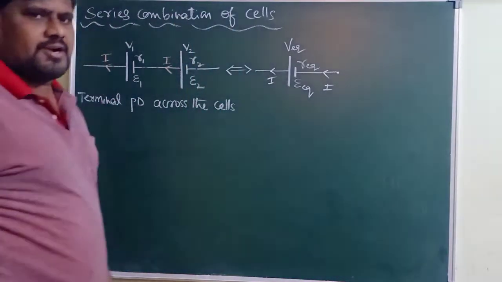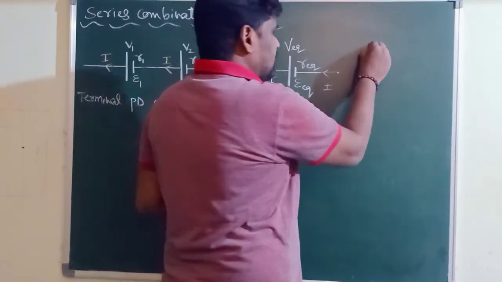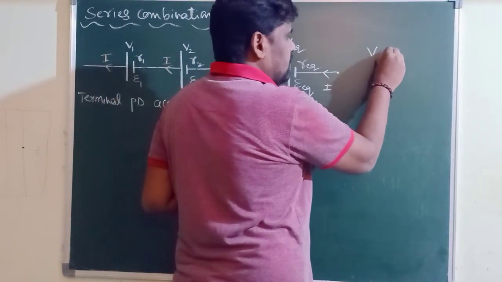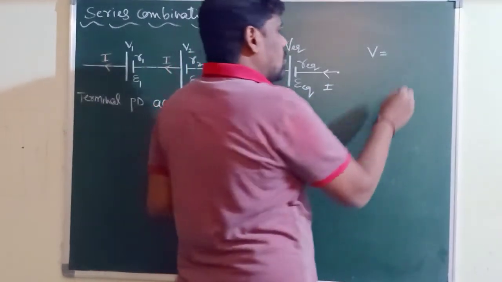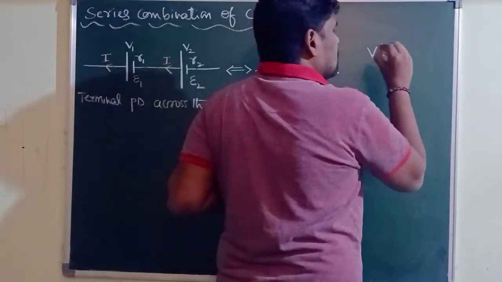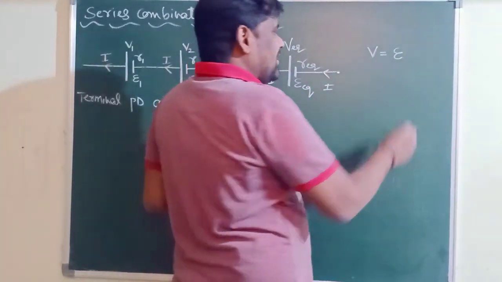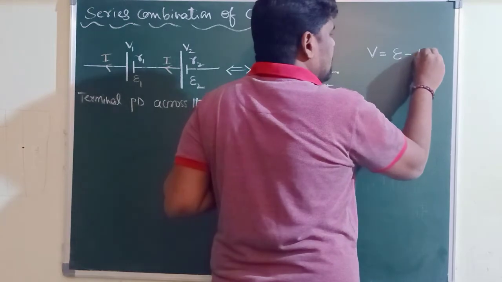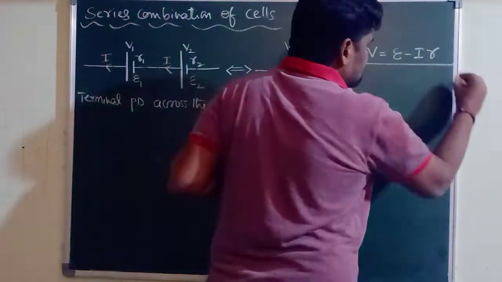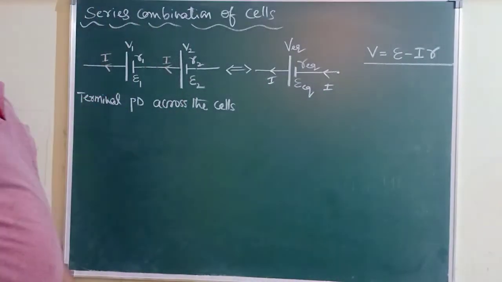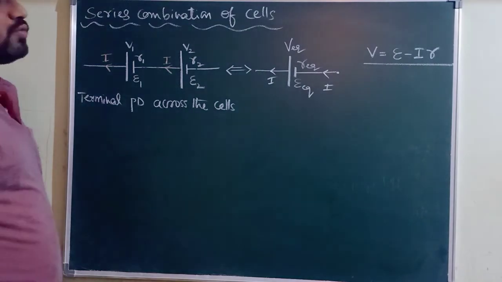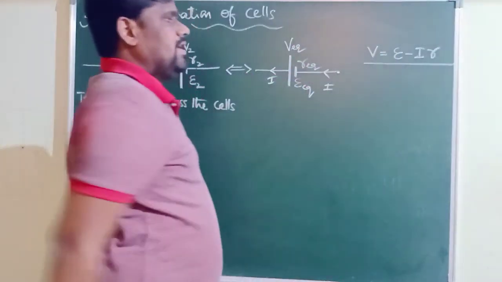Last class we derived an expression for terminal potential difference. It is given by V equals E minus I into R. Will you remember this formula? Terminal potential difference is given by V equals E minus IR.